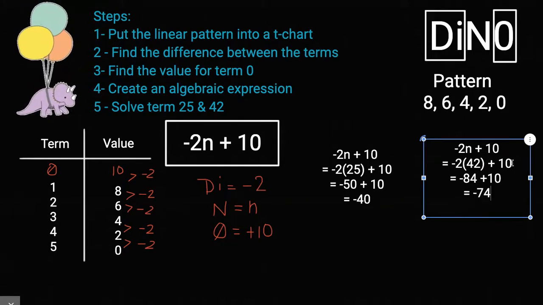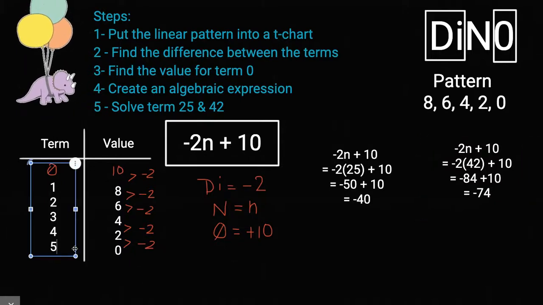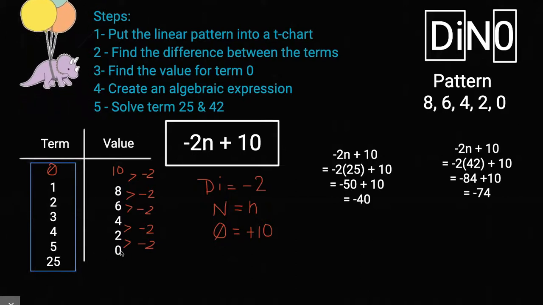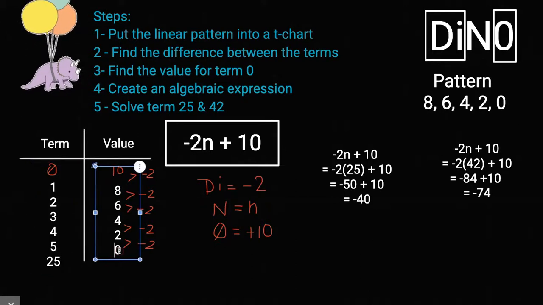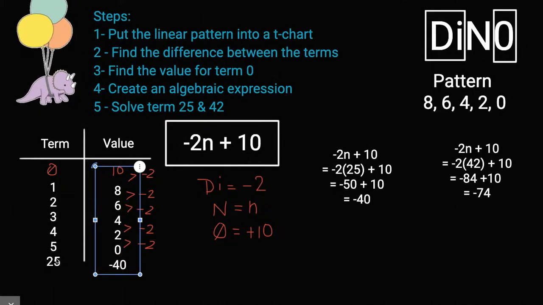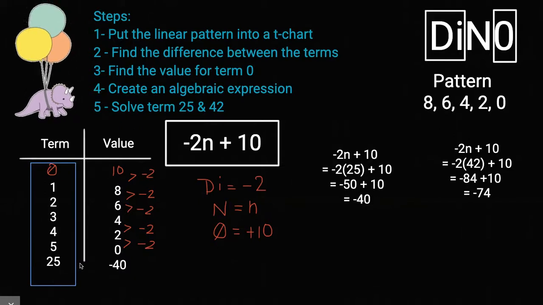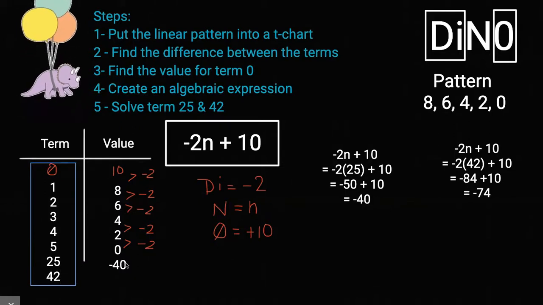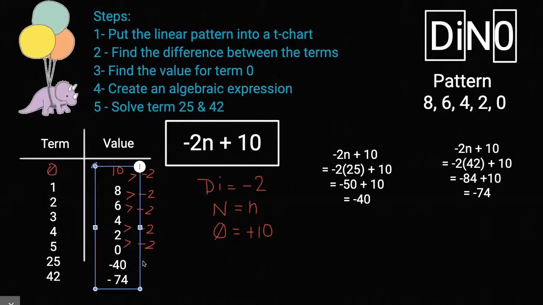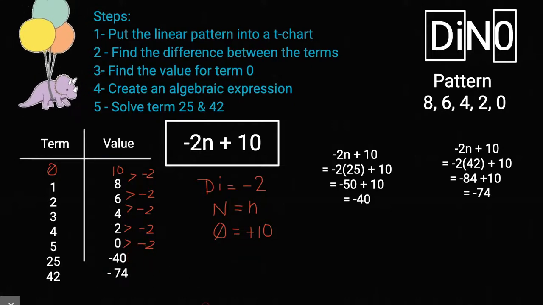It is negative 74. So again, I would just pop those into my T table just to show my teacher I understand. When my term is 25, my value is negative 40. And when my term is 42, my value is negative 74. This is a little crooked. I'll just fix that. There you go.